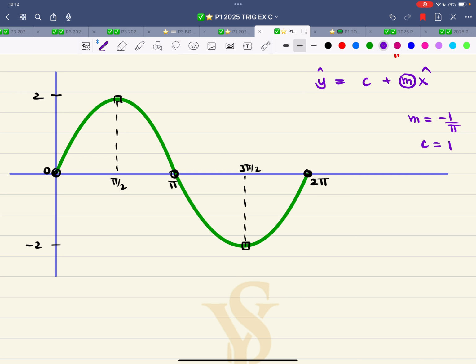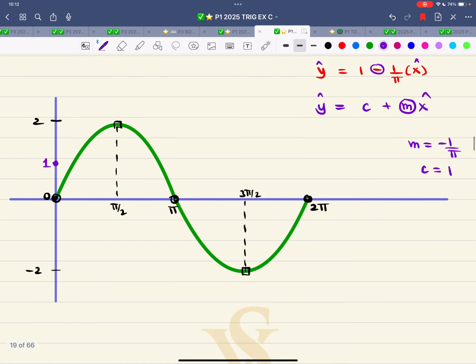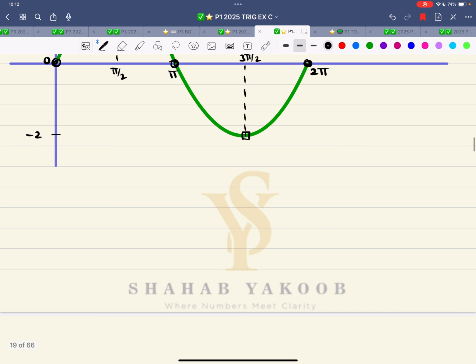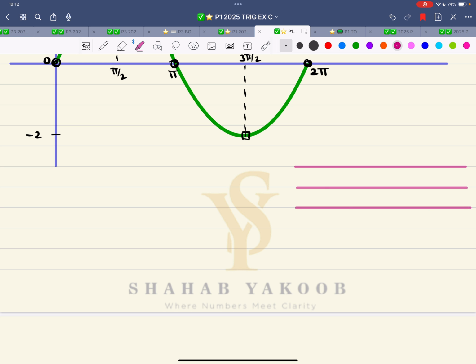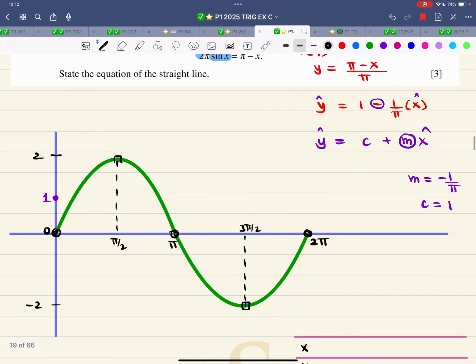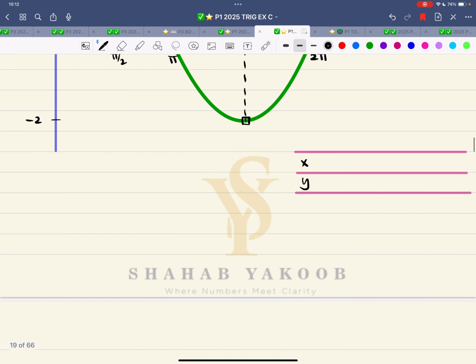So approximately over here, this is the y-intercept 1. That should be 1 point. And let me draw a table. So let me draw a few straight lines over here. And for a table, I think 3 points are good enough. So let me plug in the value x and y. When x is 0, y is 1. That was very obvious.